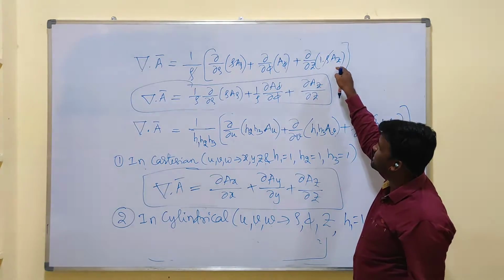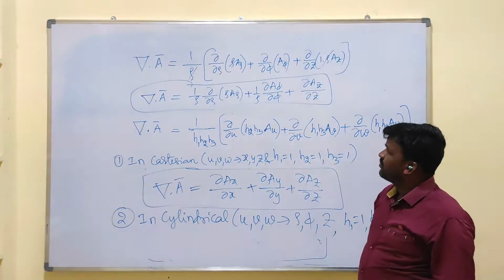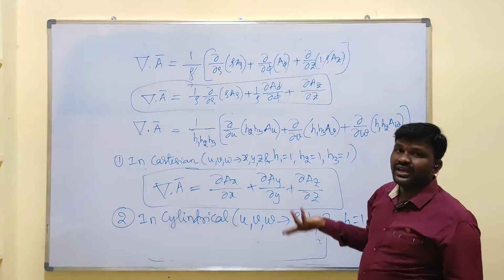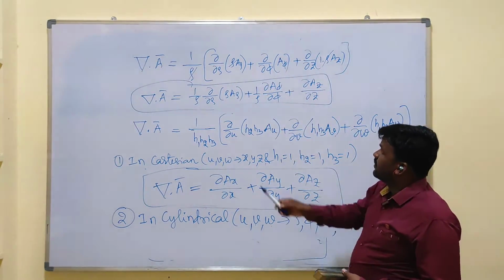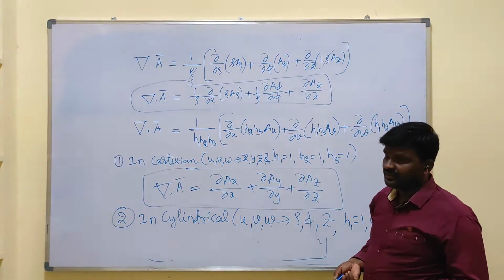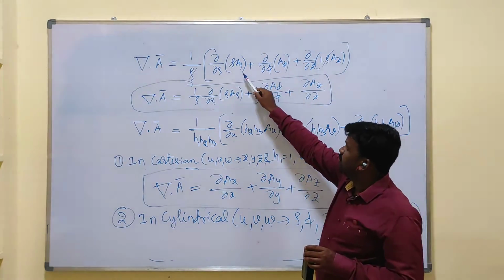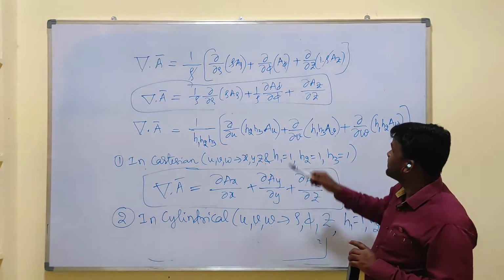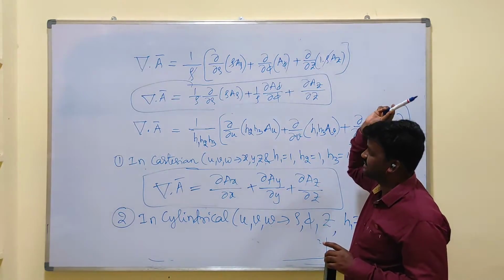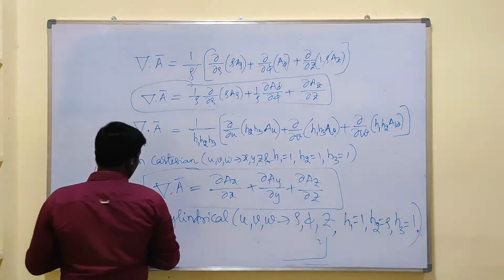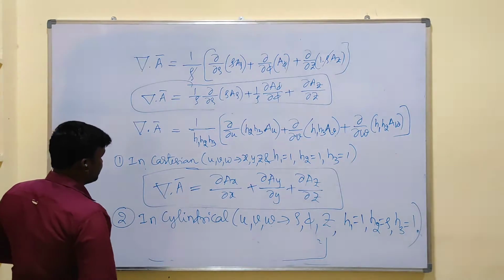We don't know about Aρ, Aφ; they may be constants or variables, so I put Aρ inside. Whereas for partial differentiation with respect to z, rho and phi are taken as constants. Clear? Now, next, the last one, that is divergence in the spherical coordinate system.